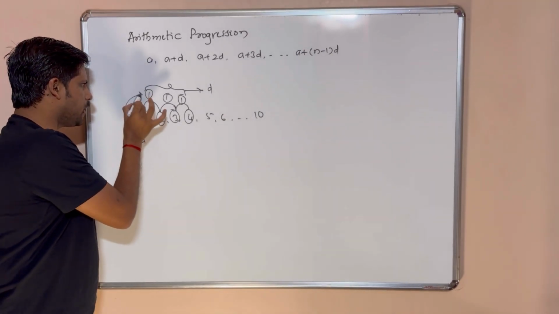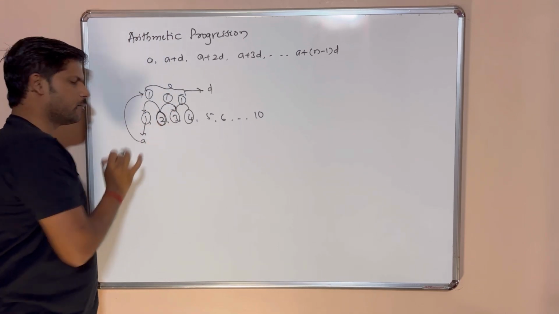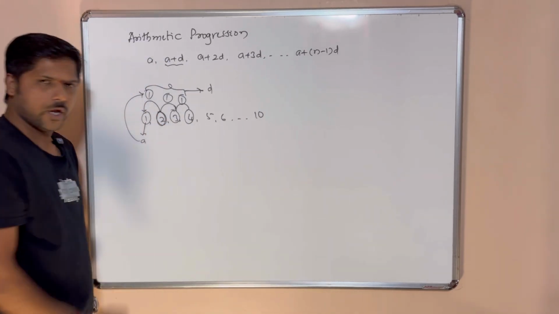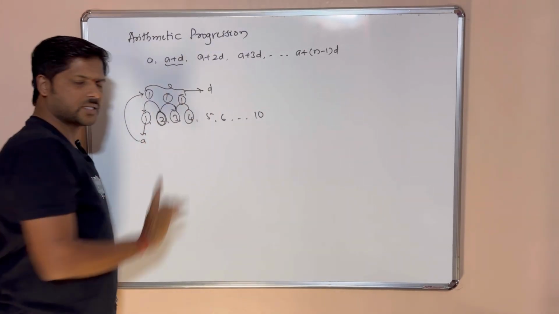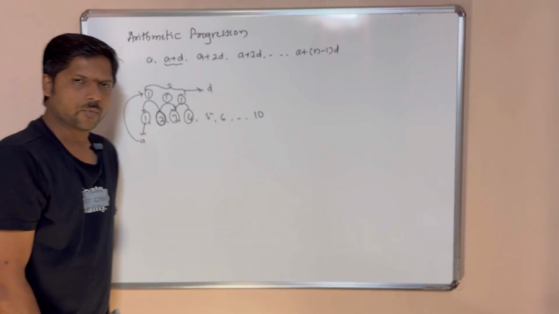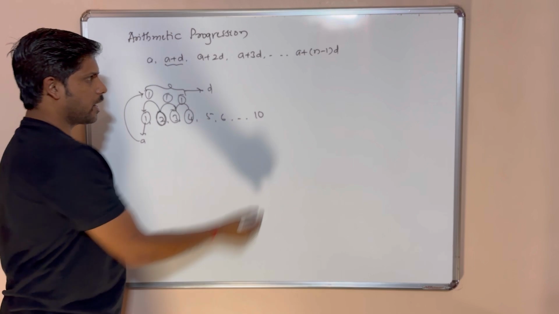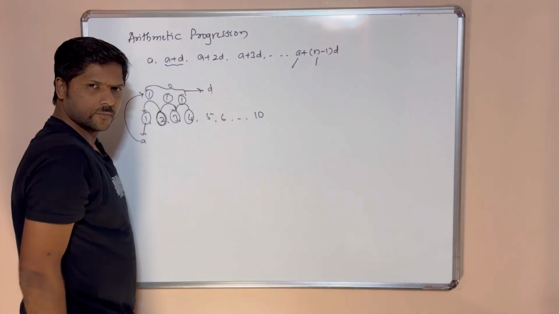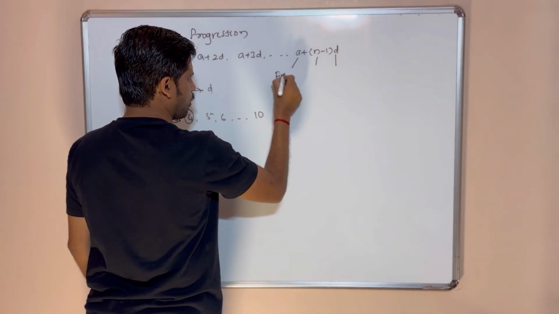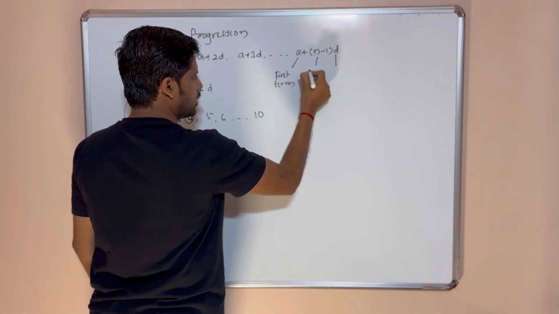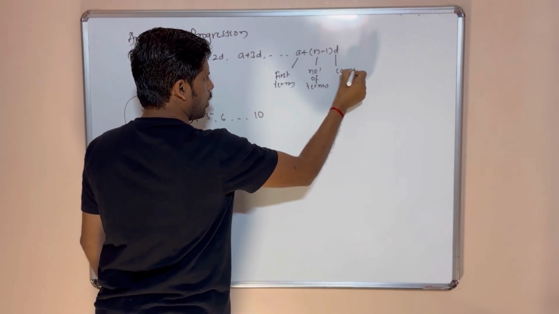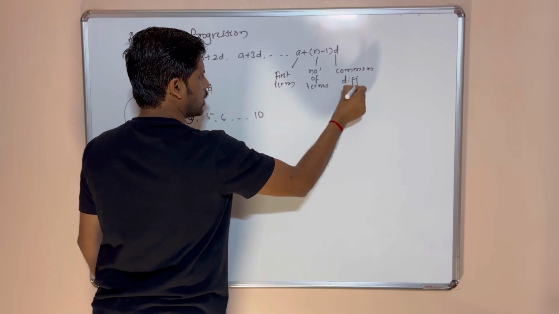See here, a plus d, we are going to get the second term. Again, a plus 2d, third term. A plus 3d, fourth term, and so on, last term a plus n minus 1 into d. Here a is the first term, n is the number of terms, and d is the common difference, right?